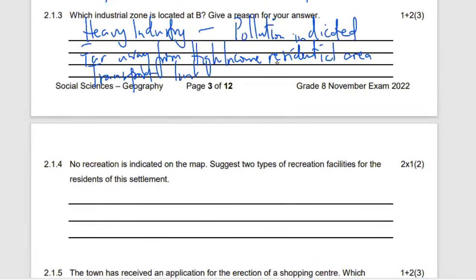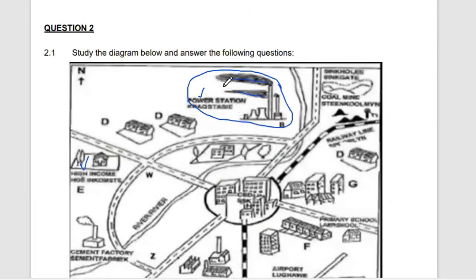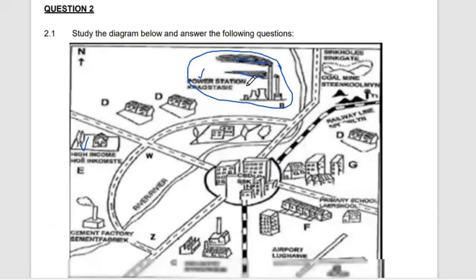So transport links are nearby. And also, we can look at the space for expansion of the activity. Remember, these activities need large space and also they might need to expand. So if you check here, this whole area is unoccupied, which means this power station, if there's need to expand, it can expand going further to the north.